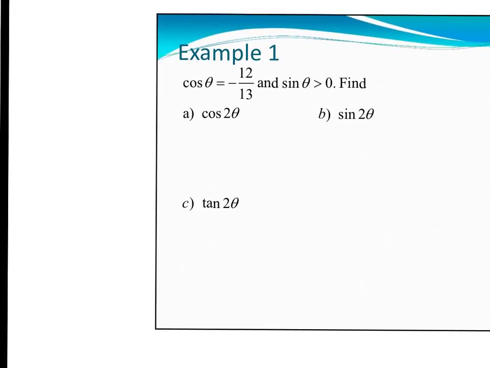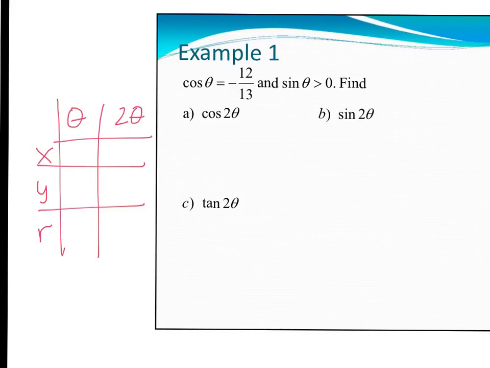And one of the big things that I talked about is that now that we're talking about theta and 2 theta, it's important that we realize that these are actually different angles. And just like how we made a double x, y, r chart before with angles A and B, we can do the same thing with angles theta and 2 theta. And at this point, we just want to fill in what we know.